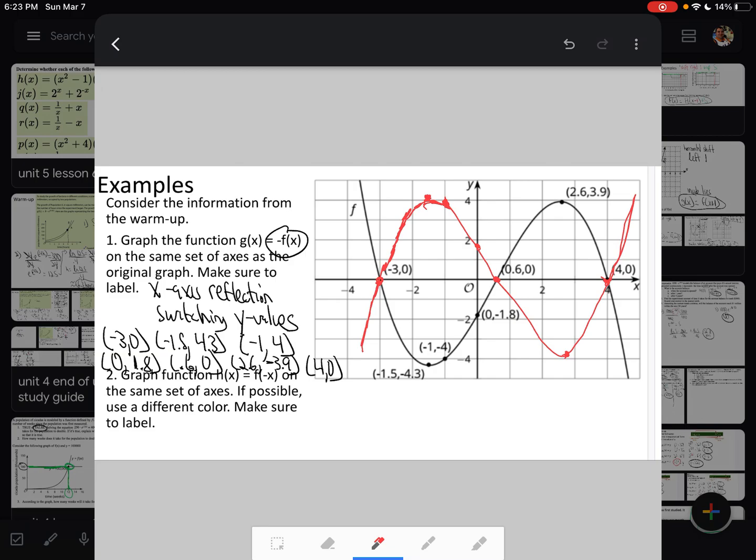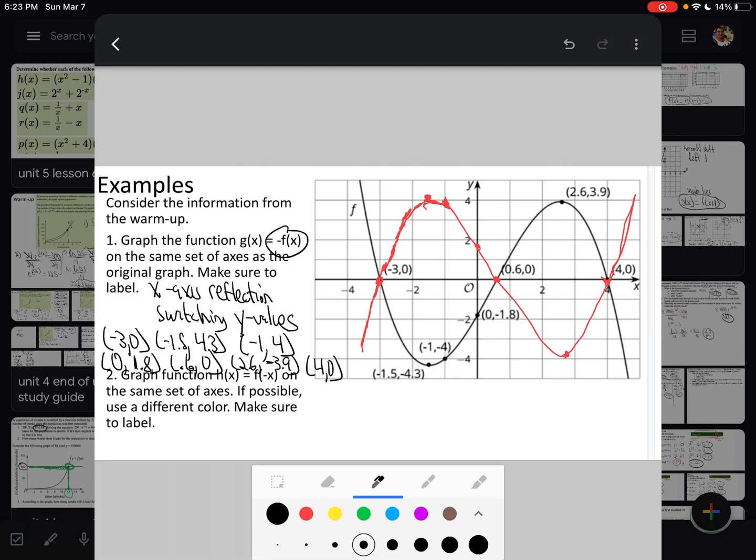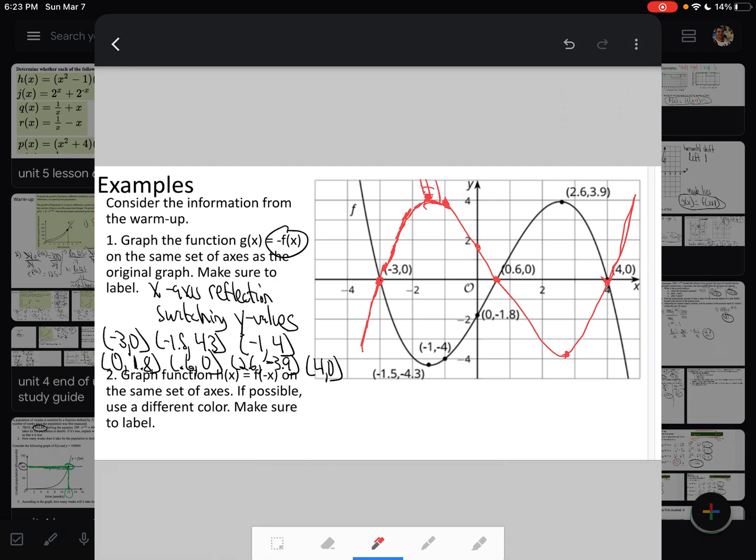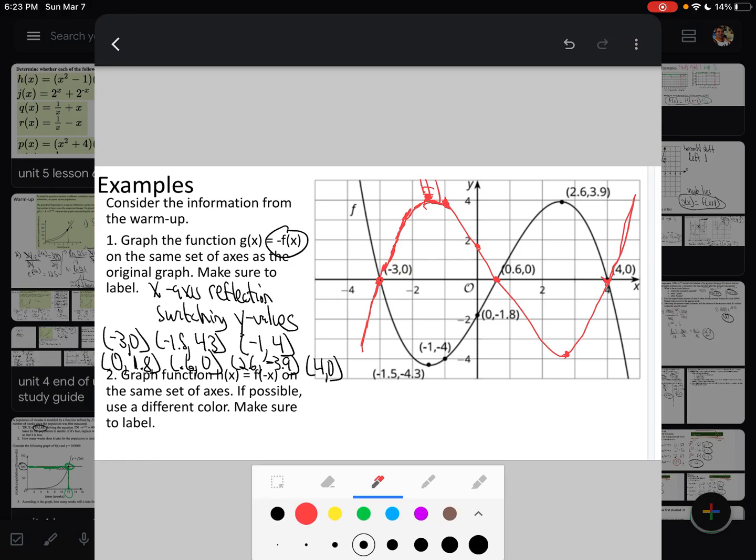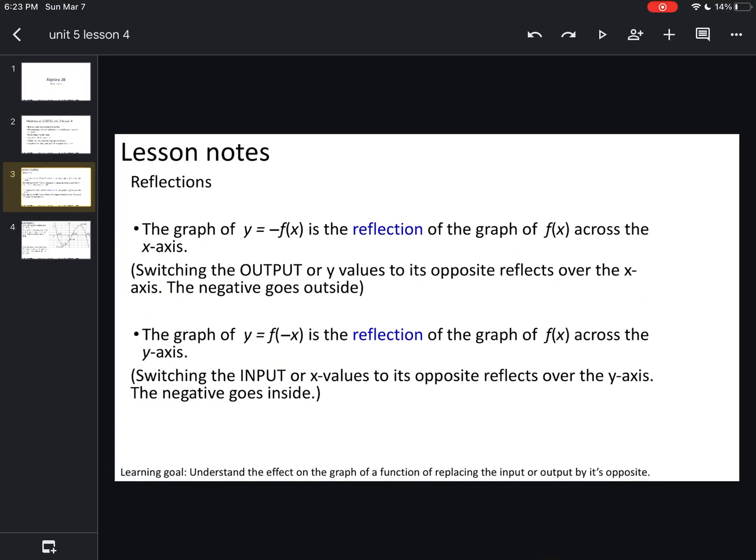Number 2, now we're going to graph the function h of x equals f of negative x on the same set of axes. If possible, use a different color. Make sure to label. Okay, so again, the red graph was number 1. For number 2, we're doing f of negative x, which, if we take a look at our lesson notes, if the negative is inside the parentheses, that means it's a y-axis reflection.